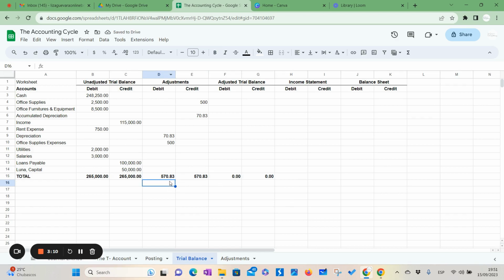The total of our adjustments is 570.83. So that is our adjusting entries and how to put it in our worksheet.